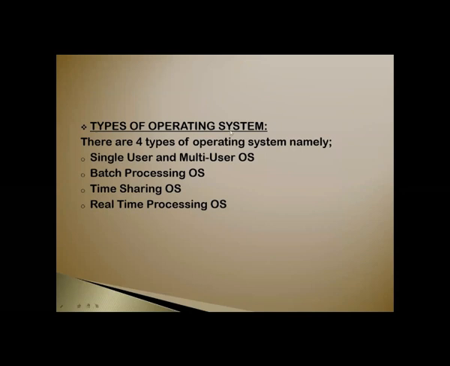Now the types of operating system. How many types of operating system are there? Single user and multi-user operating system, which I discussed in the class also. Then batch processing operating system, time sharing, and real-time processing. Users connect through terminals or workstations.